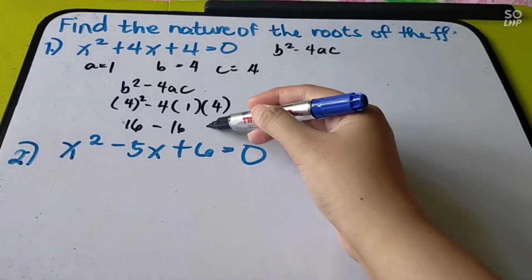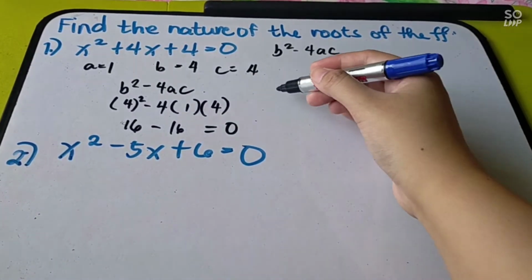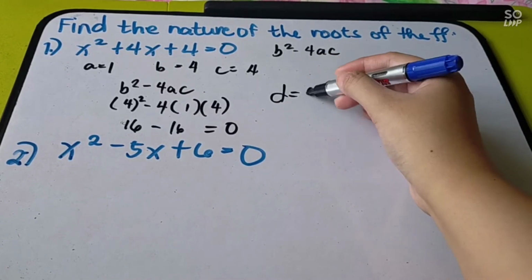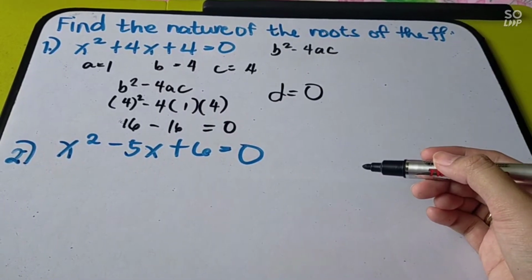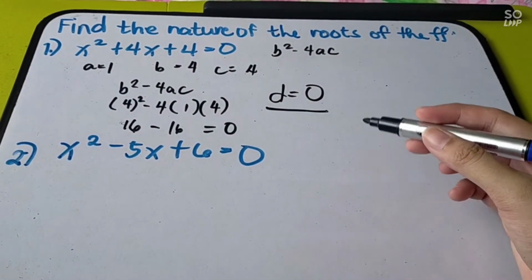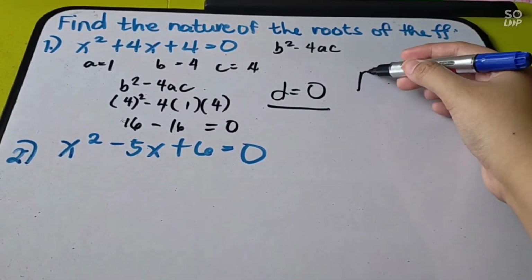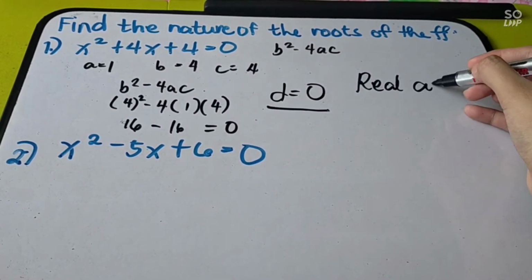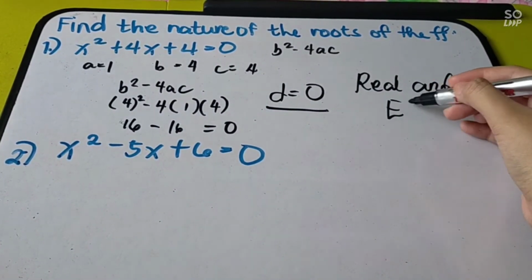So, the answer here is 0. Therefore, your d is equal to 0. Is it clear? So, since it is equal to 0, therefore, the nature of your roots is real and equal.